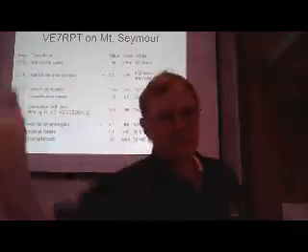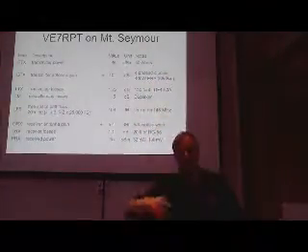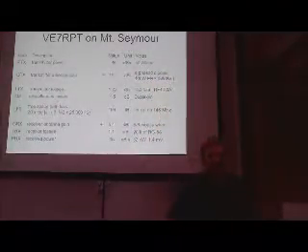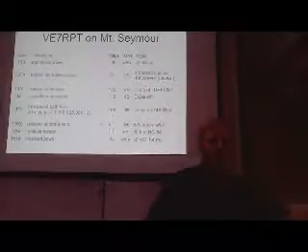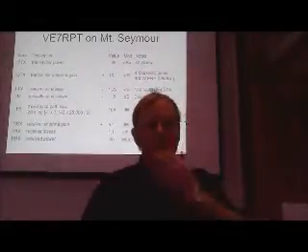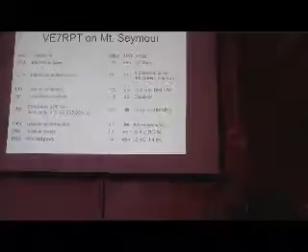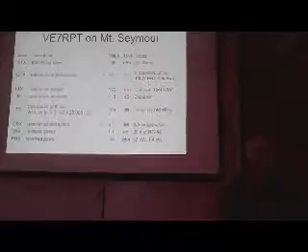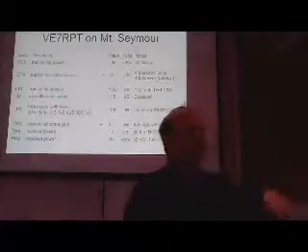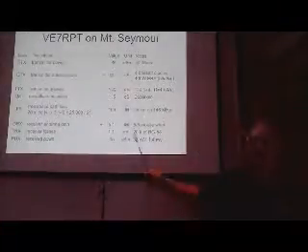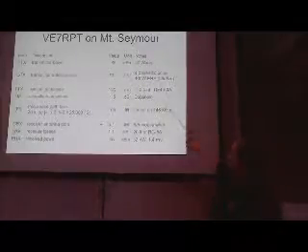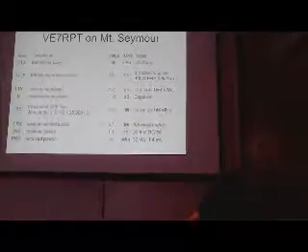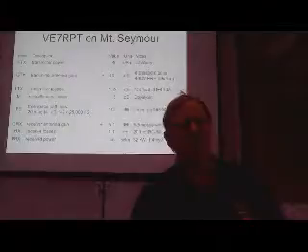So again, this is just so you can understand how all these pieces fit together as we get from a transmitter to a receiver, and you don't need to worry about this really. This is an example of the power that we would receive here from the repeater on Mount Seymour, which is called VE7RBT.